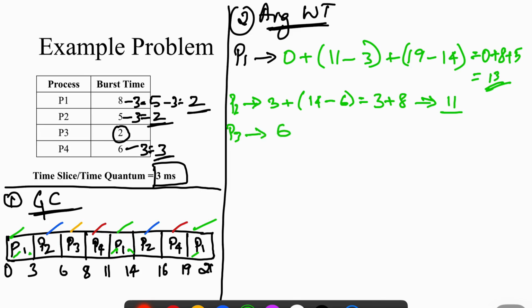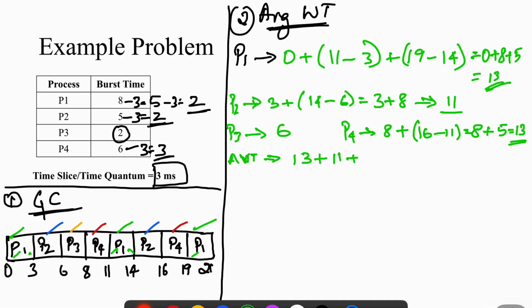So it is very simple. This becomes 6. Then I have P4, which has occurred twice. So it is 8 plus 16 minus 11. So this is 8 plus 5, which is again 13. So if you see, the average waiting time would be 13 plus 11 plus 6 plus 13 divided by 4.